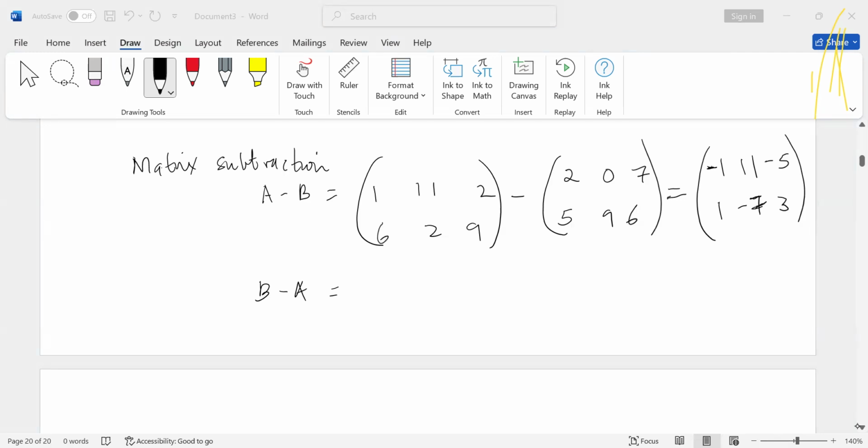What do we get? B minus A gives us what? What is the answer here for B minus A? 1, negative 11, 5, negative 1, 7, negative 3.